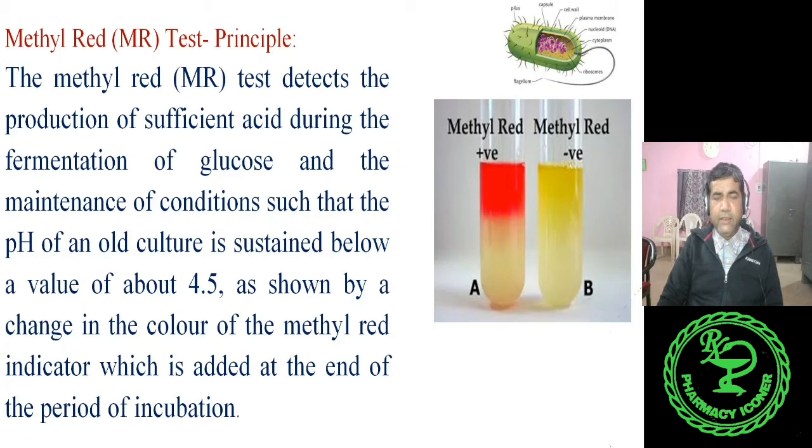So this is the basic principle. What happens? It is producing some acid. So if the pH goes below 4.5, then methyl red will change color. This is the methyl red in higher pH, and this is at 4.5 pH or below.